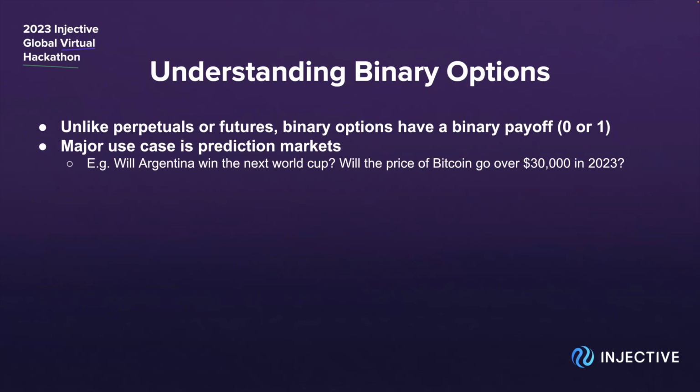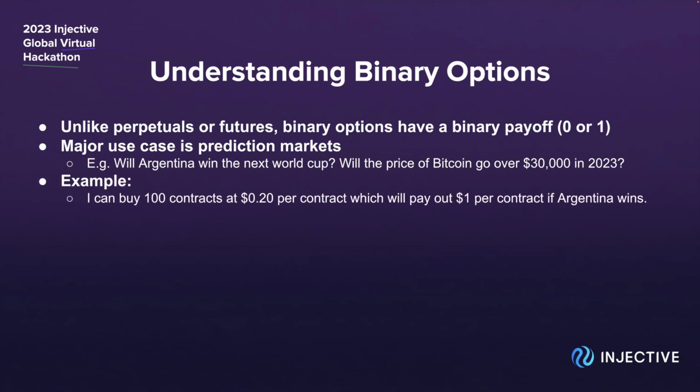You can enter into a position, basically yes or no. If Argentina does win, then you'll get paid out $1 per contract. If they don't win, you'll lose the money that you put in.